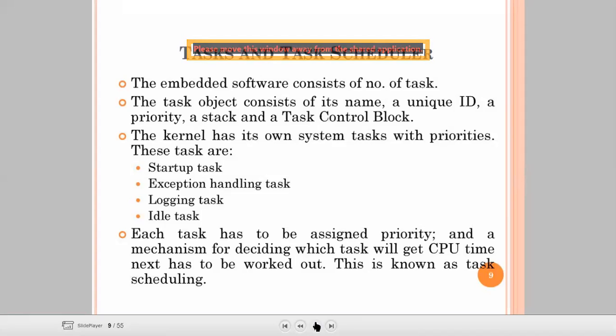Each task has to be assigned some priority, and a mechanism for deciding which task will get CPU time next has to be worked out. Which one has priority while executing? This is known as task scheduling. Did you get the point? What is meant by task scheduling?